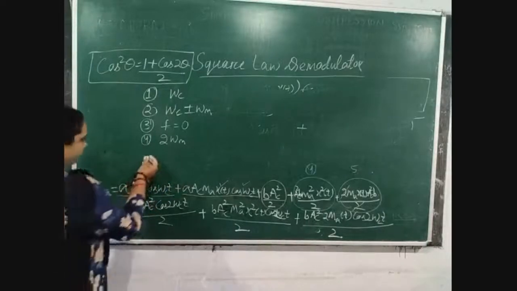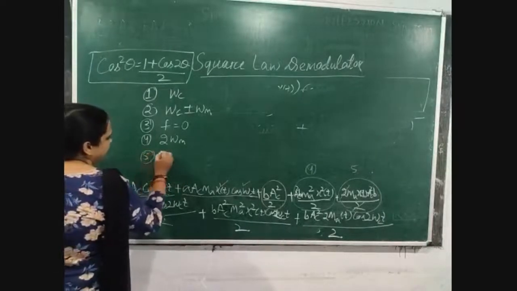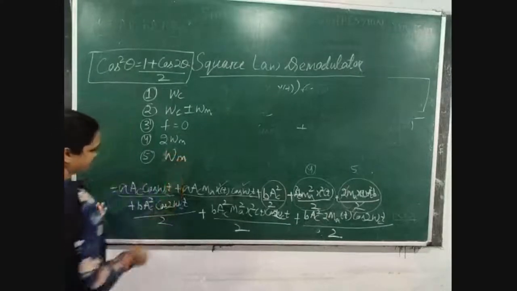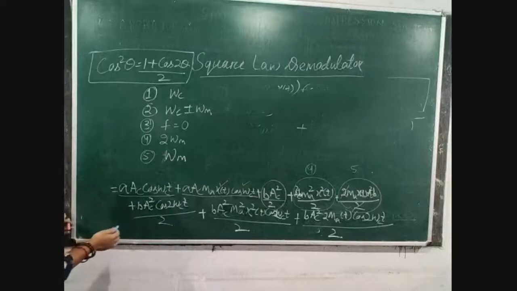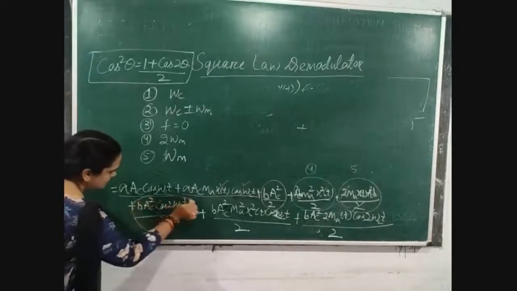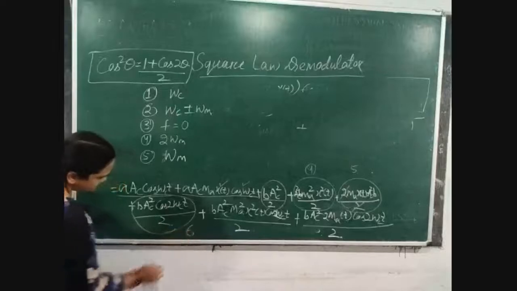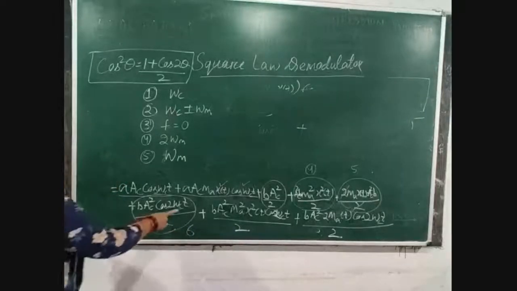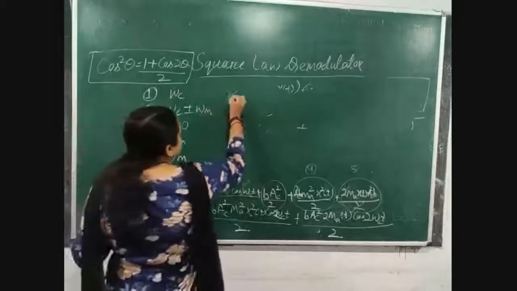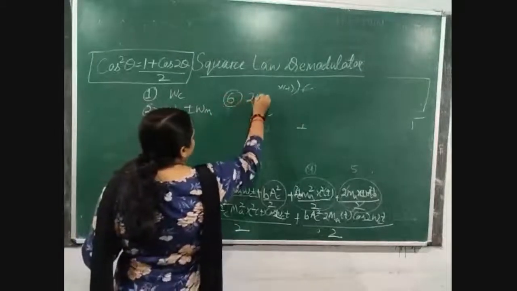Here the frequency in the fifth term is omega m. Then in the sixth term there is only 2 omega c present. In the sixth term, that is 2 omega c.